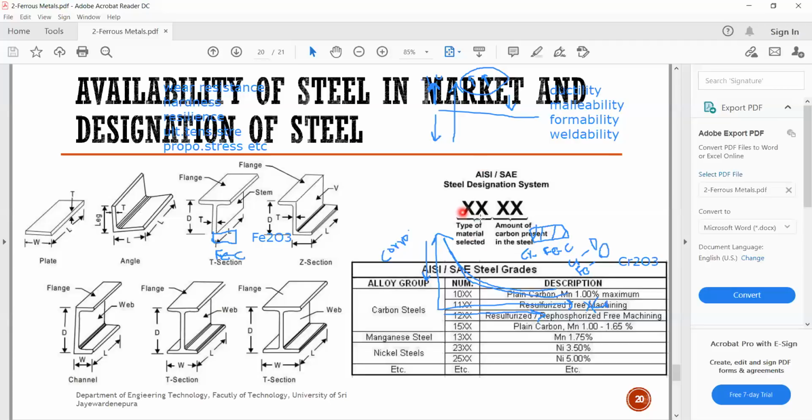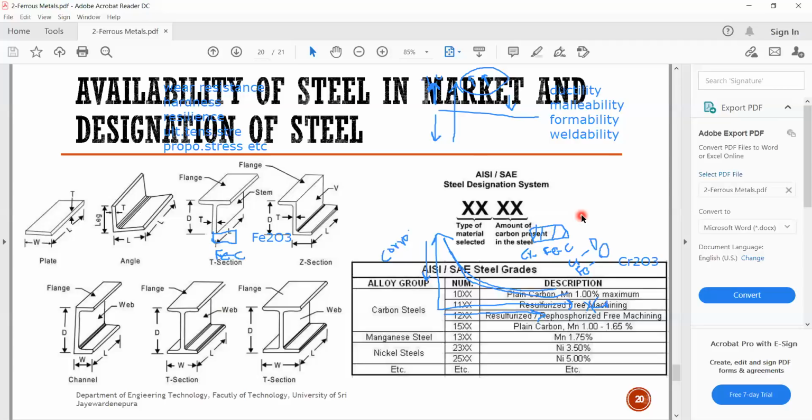The last two indicate the amount of carbon present in that particular steel. These are the notations, that is the steel designation system.